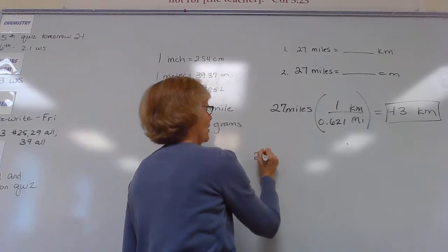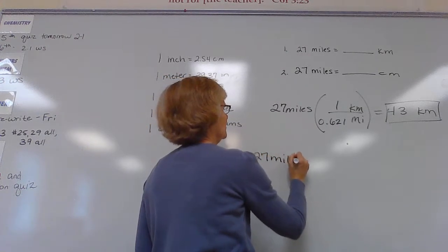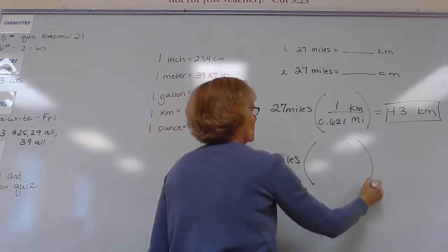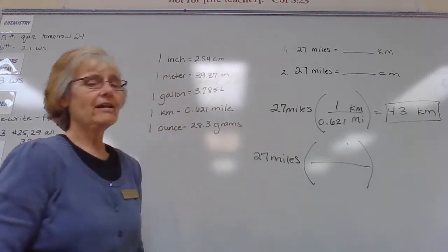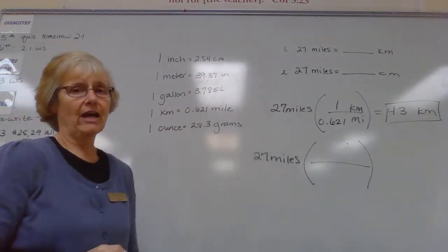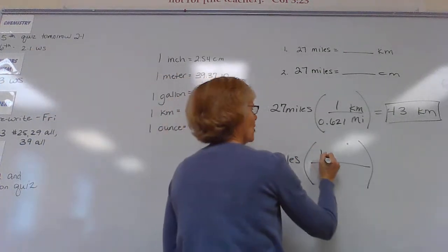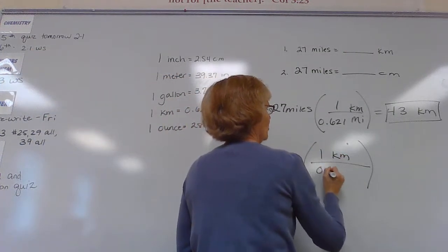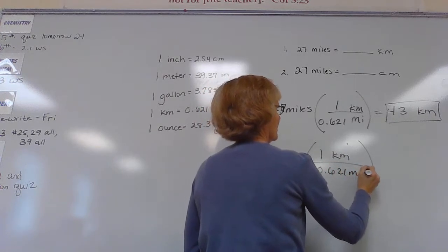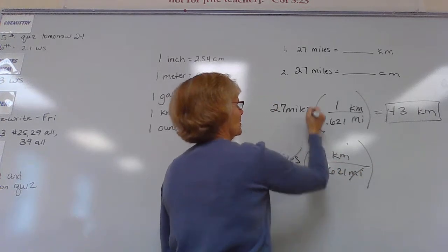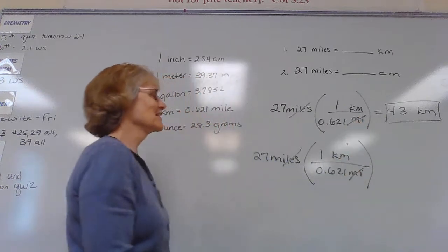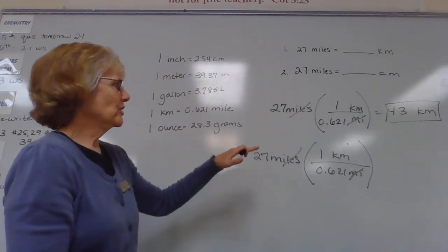So again, we'll start with our 27 miles. And as a first step, I can do the same thing I did last time, because that gets me into the metric system. So I'll do 1 kilometer and 0.621 miles. Miles are going to cancel, just like miles canceled up here. And that step will get me to kilometers.